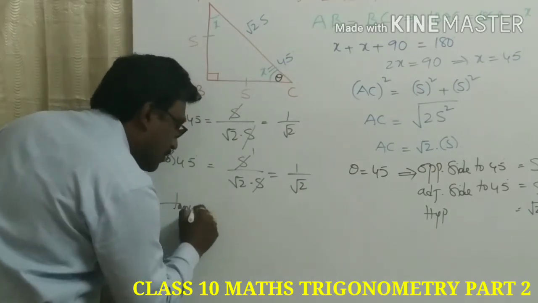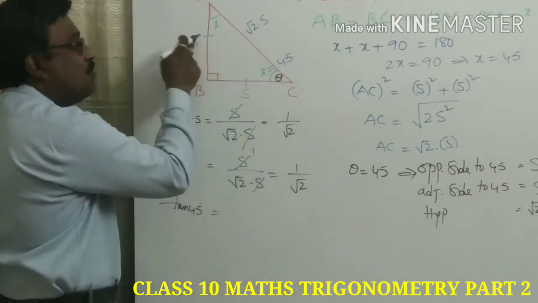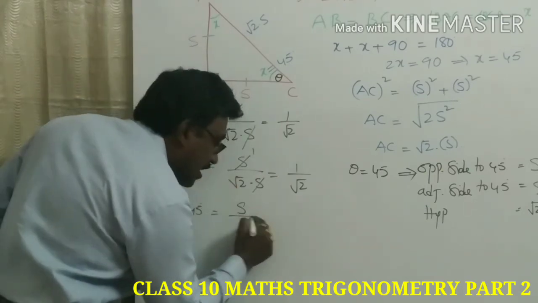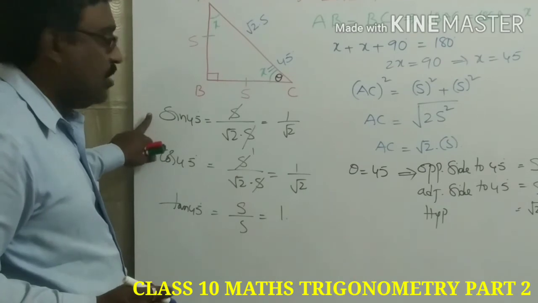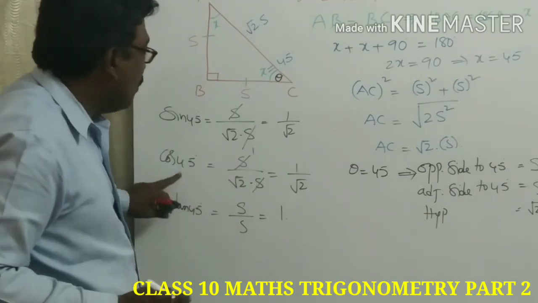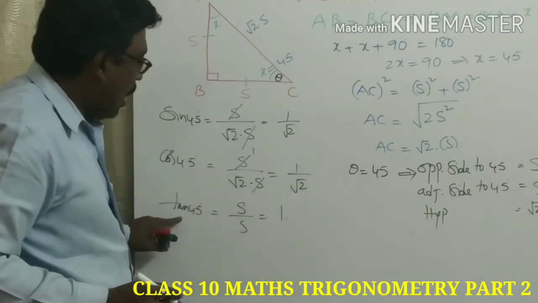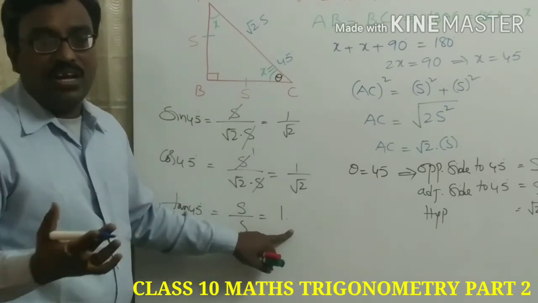Tan 45 is opposite side to 45 by adjacent side, S by S is equal to 1. Similarly, we can find cosecant 45, root 2, sec 45, root 2, and tan 45 and cot 45, both equal to 1.